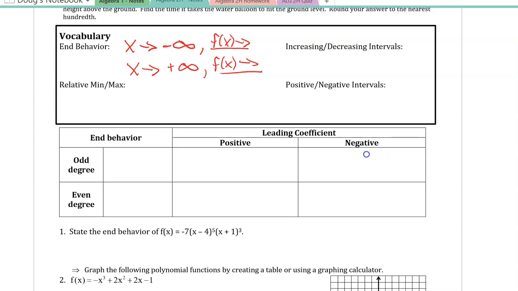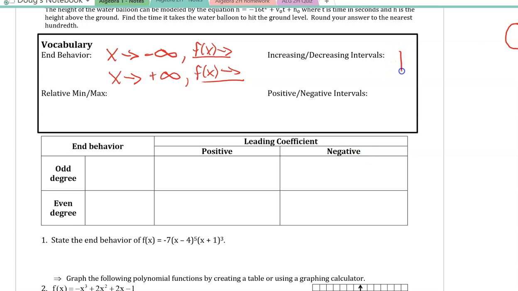Increasing or decreasing intervals on our graph. If our graph is going downward, that is a decreasing interval. So here and here.